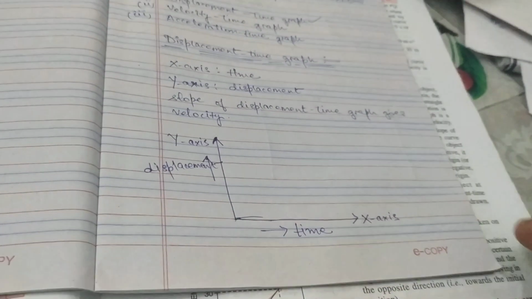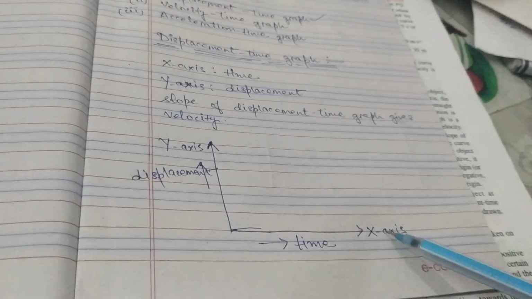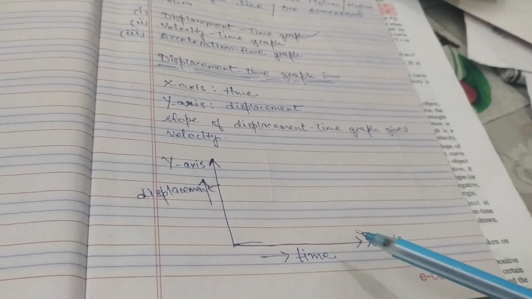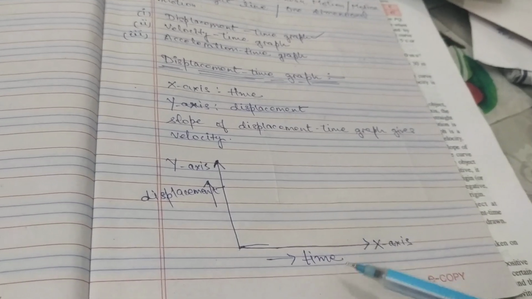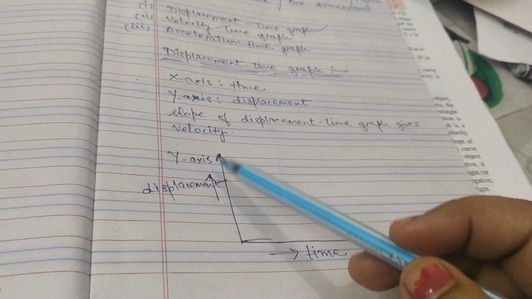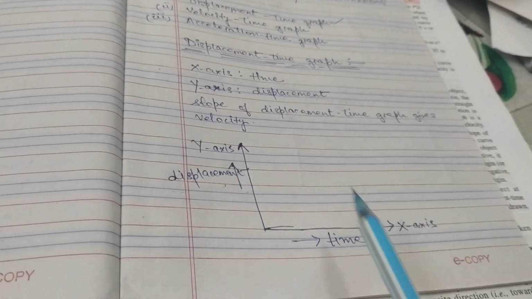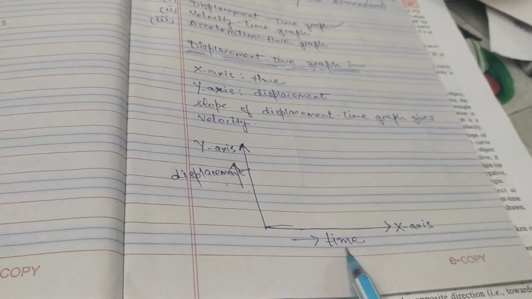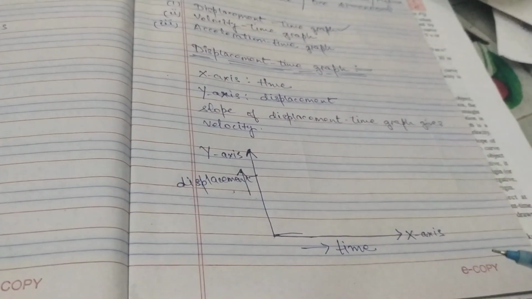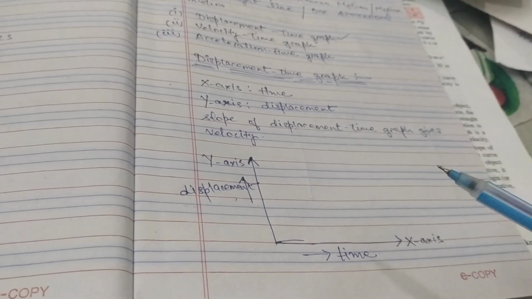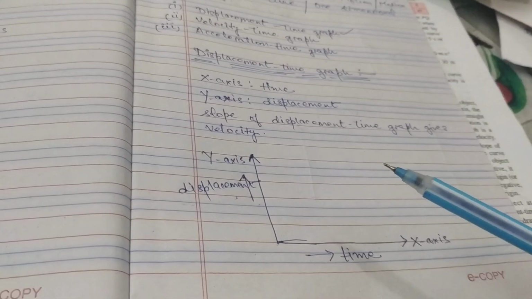Okay, mostly that quantity is taken on x-axis on which on changing will change this thing. Okay, means this y-axis thing will be depending on this. Okay, so whenever there is a motion, as time changes, displacement will happen, right?